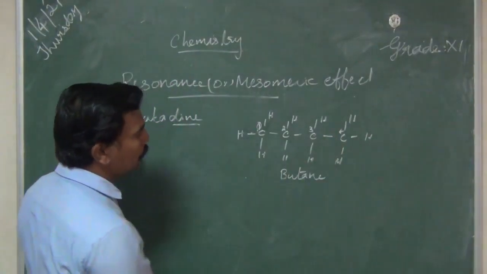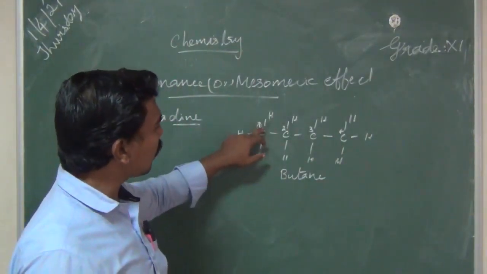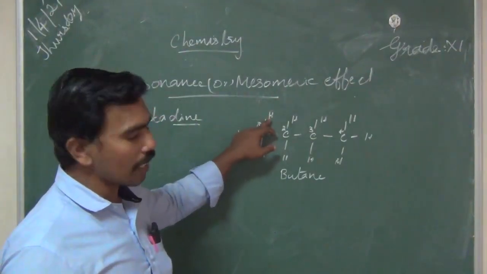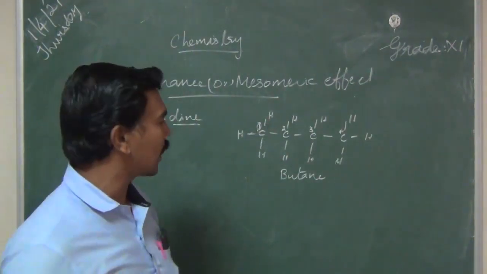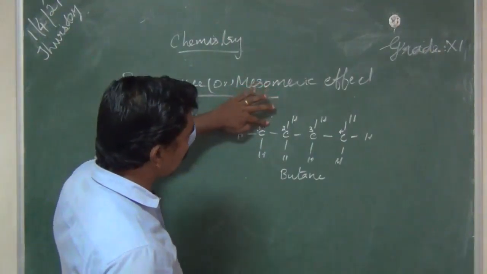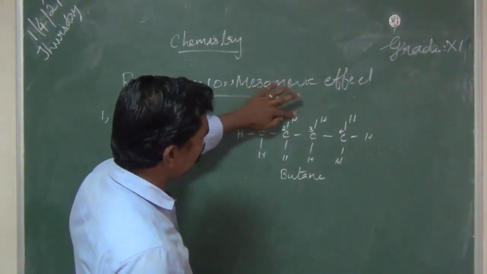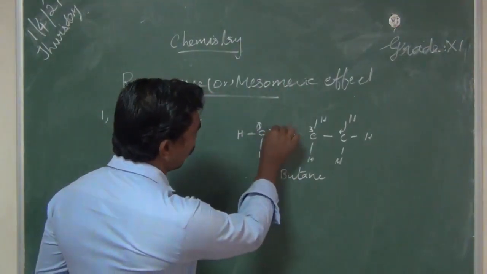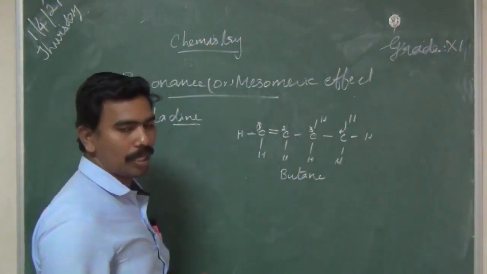When the double bond forms, 2 hydrogen atoms disappear. That means the 2 hydrogen atoms are displaced from this group, and a double bond, or pi bond, is present here.